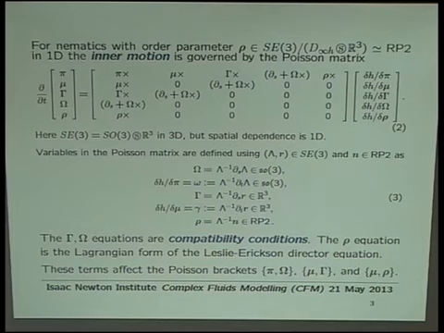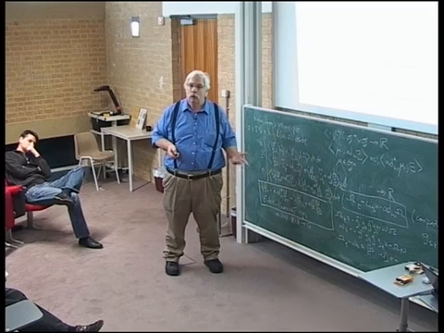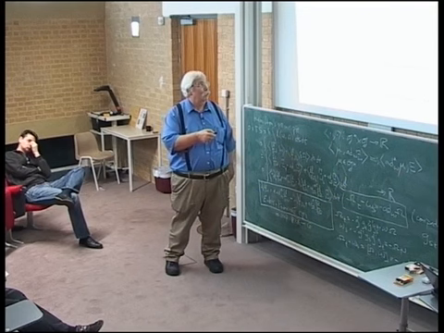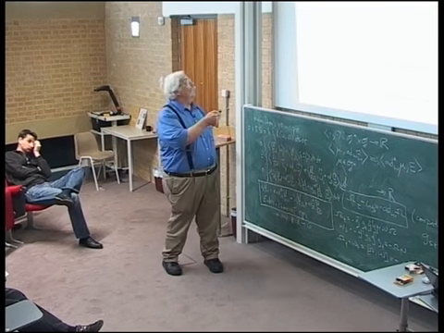And the rotational part of that is what propagates the time and space dynamics of the coset variable. Okay, if we were really talking about liquid crystals with no flow, well, that's actually one of the Leslie-Ericksen equations. This one here.